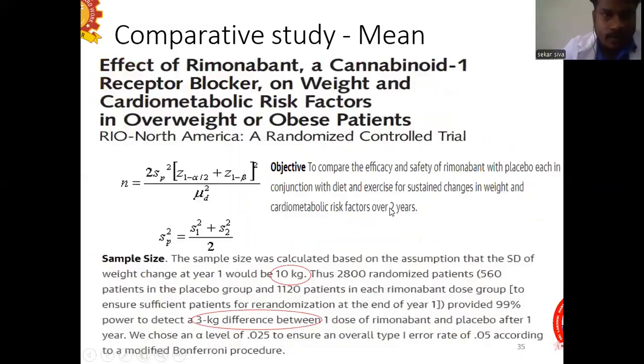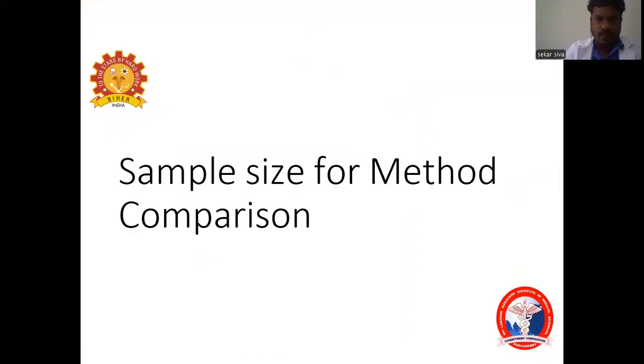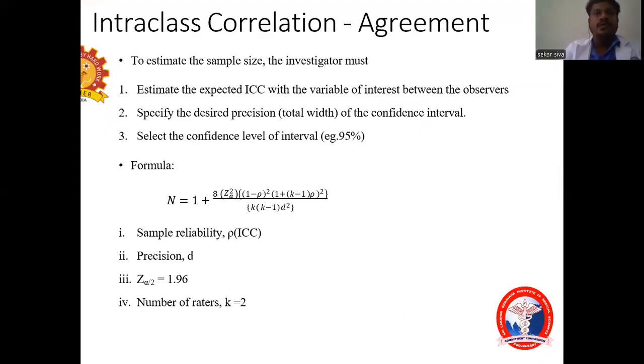In the comparative study, the effect of interventions on weight and cardiometabolic risk factors in overweight and obese patients, a randomized clinical controlled trial. Sample size for method comparison. So the intraclass correlation coefficient, ICC.